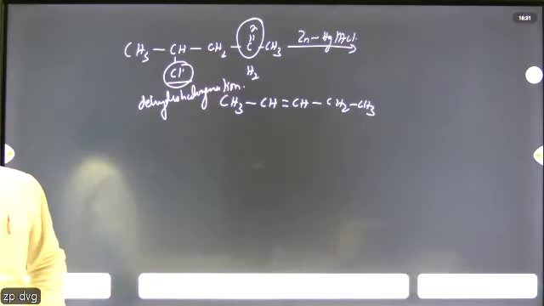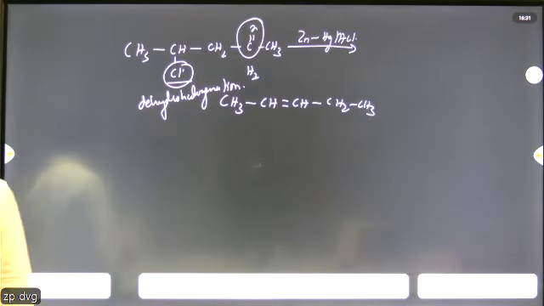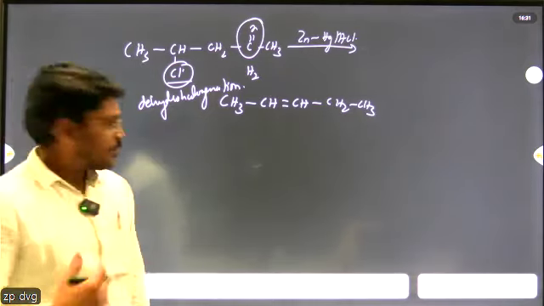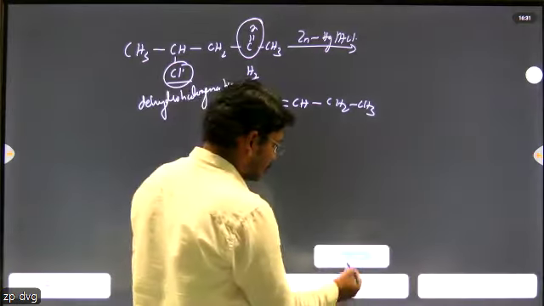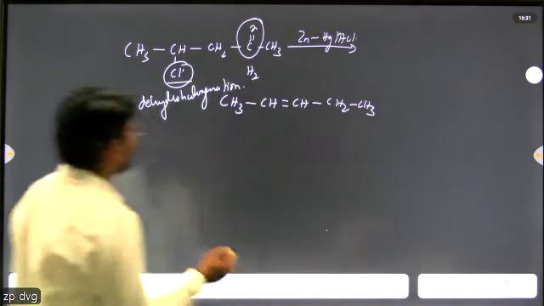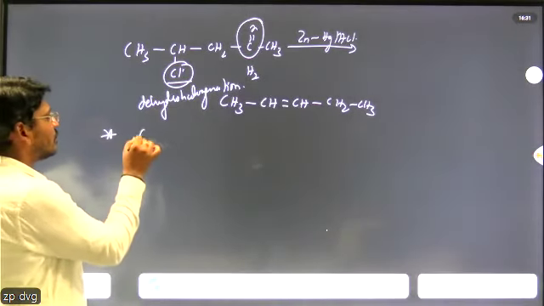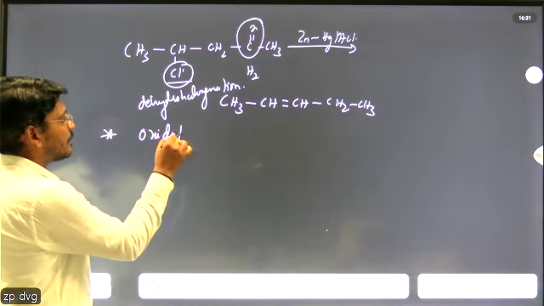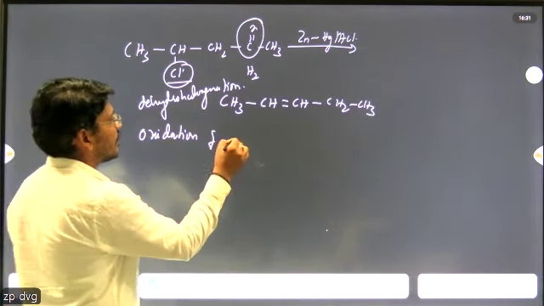So this is all about Wolff-Kishner reduction as well as Clemmensen reduction. After discussing these, next we move on to another important concept, oxidation of aldehydes as well as ketones.